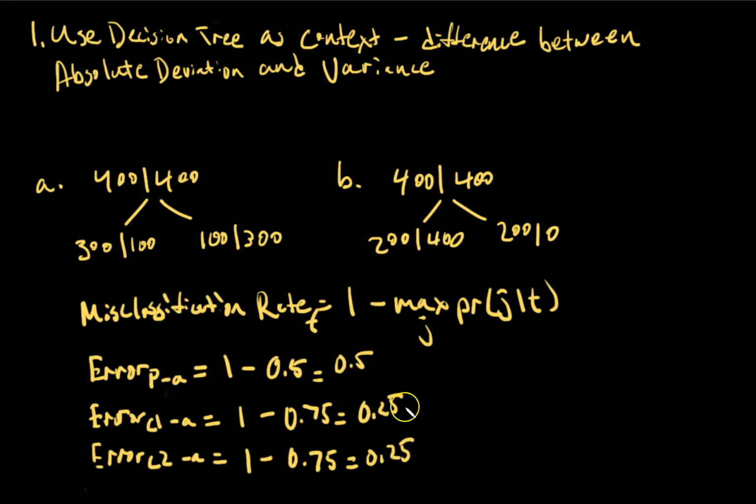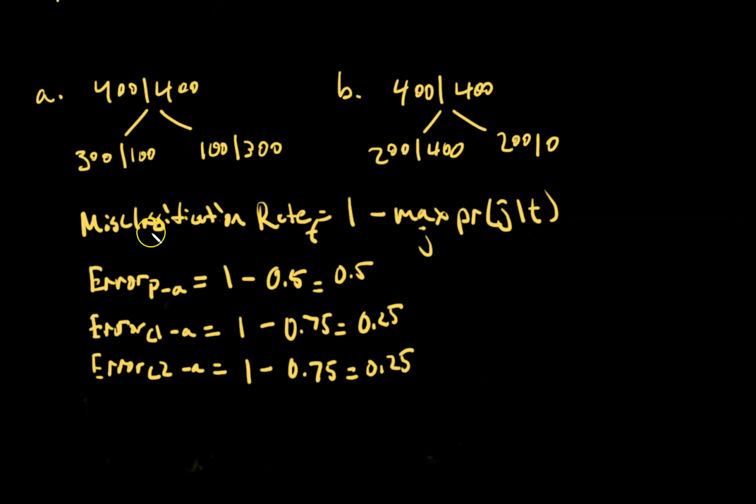Okay. Now, in order to calculate how much our error improved from doing the split, we would need to do a weighted average based off of the amount of objects that got funneled into each of the nodes. So the weighted average error of the children nodes would be, well, let's look at this guy right here.